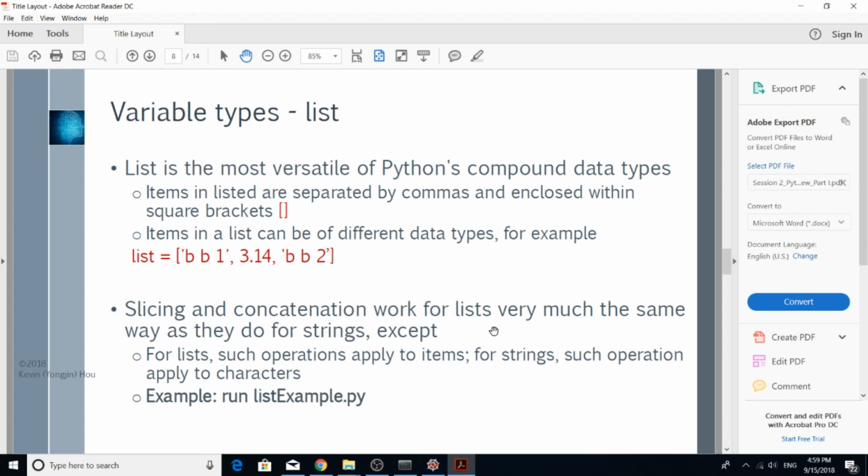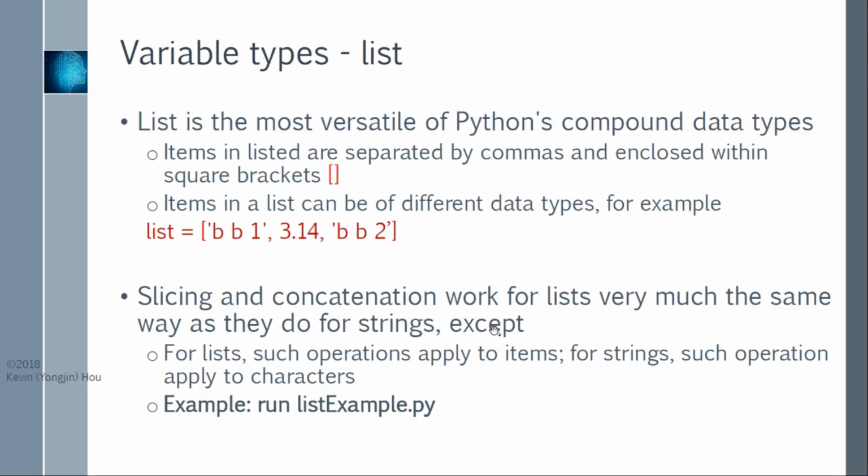So next topic, list. List actually is the most versatile Python data type. Basically, a list has a sequence of items all wrapped up together by square brackets.